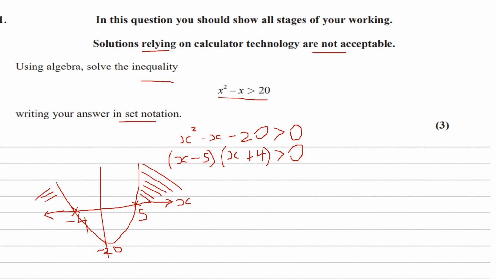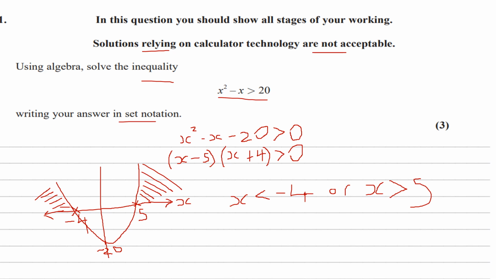Now hopefully you're happy that I can write this on an inequalities line. So that's when x is less than negative 4, or x is greater than 5. So that is my solution.